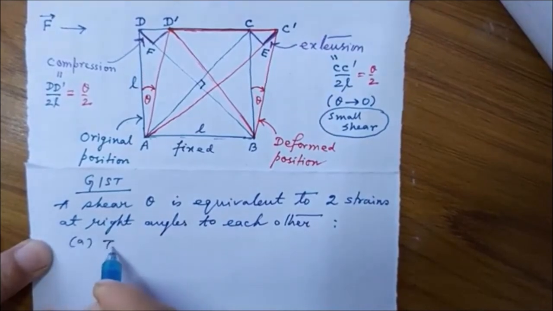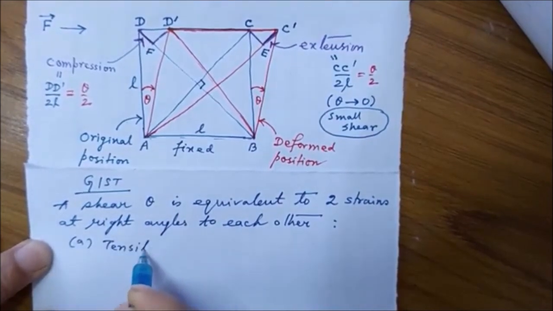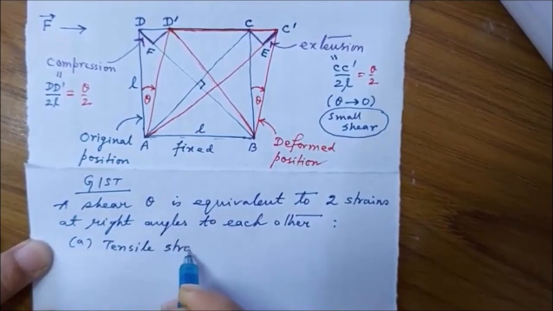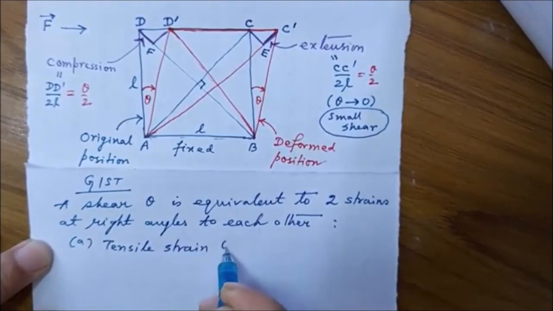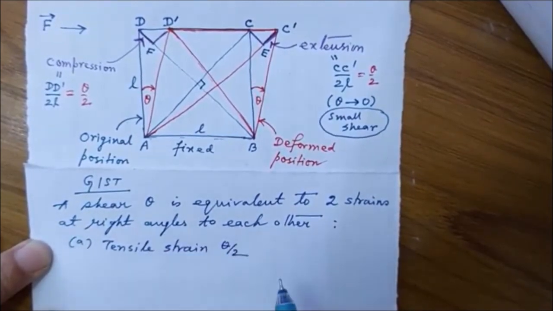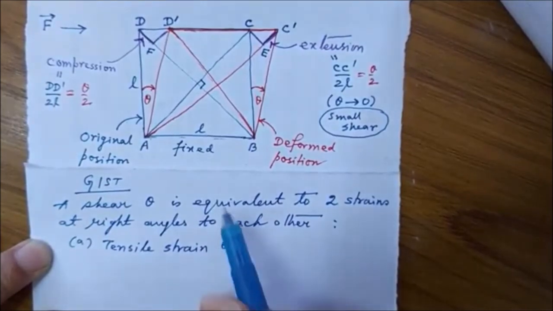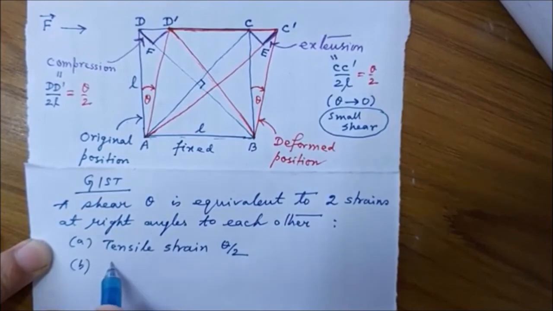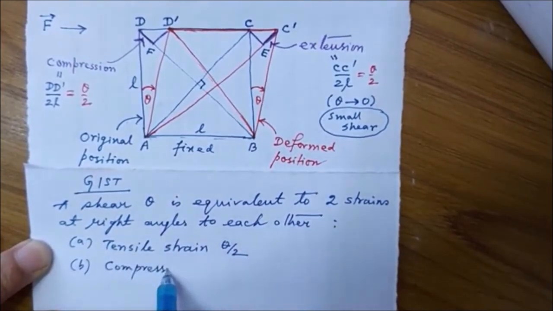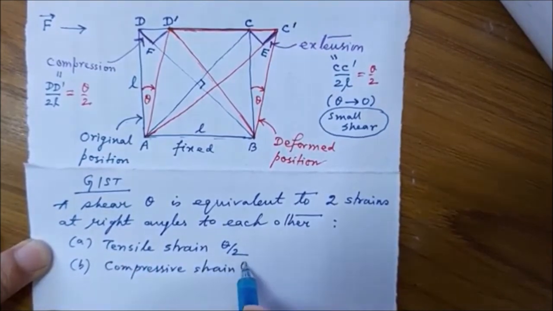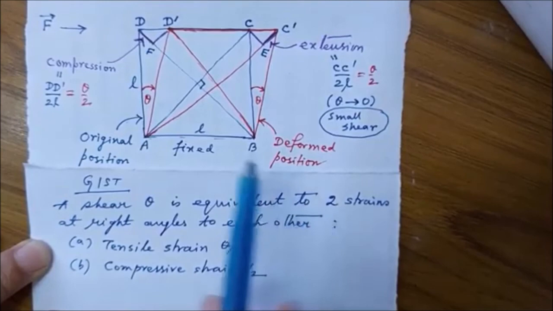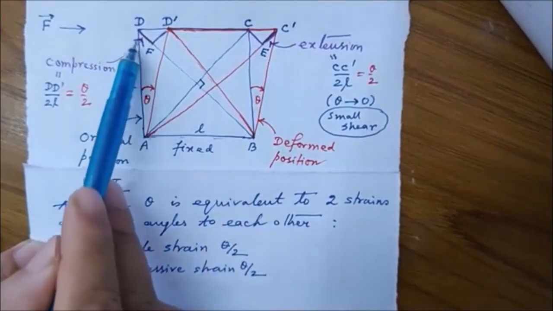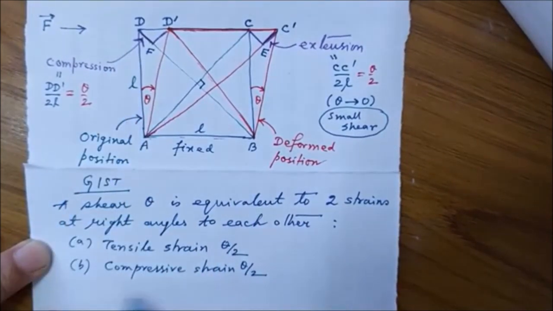One is called tensile strain, or longitudinal strain, and corresponds to this extension case, and the other one is called compressive strain, which is also equal to theta by 2, and this corresponds to the compression. So this is the theorem.